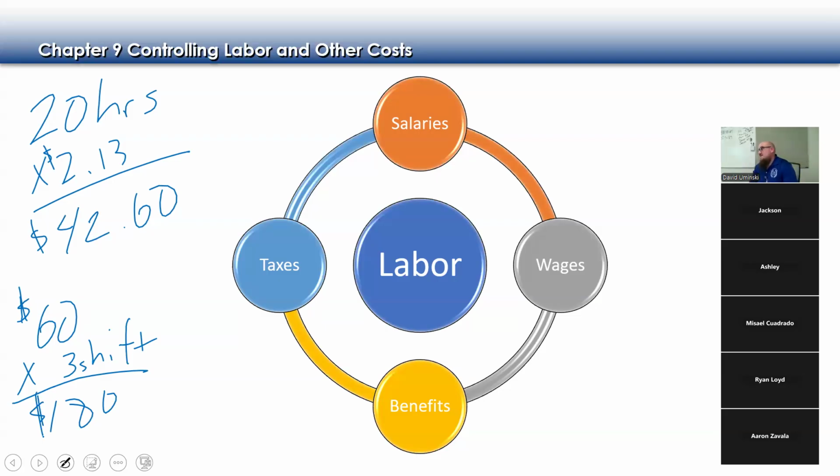I have to pay taxes on those $180. And if my taxes were more than $42.60, then the government is going to take my $42.60 to pay my taxes, and I'm not going to have any money left over in my paycheck. But I've got $180 in cash in my pocket. That's where, as managers, we had to explain to the servers why they had a paycheck with 0 on it that says void and that they can't do anything with.